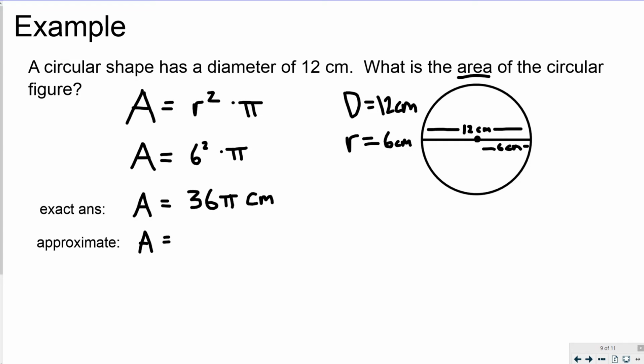So I'm going to write 113 point, and then I've got to do my rounding for 2 decimal places. The 7 bumps up the 9, which bumps up the 0 to a 1. So I would say 113.10 centimeters.